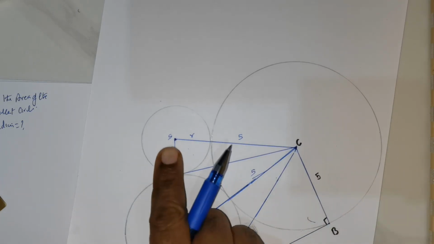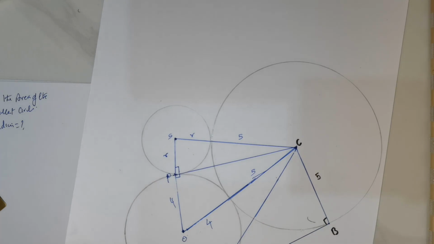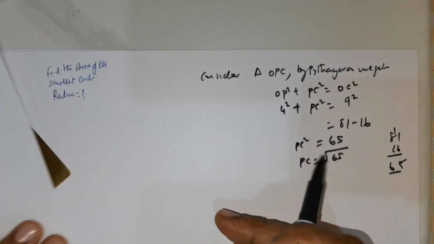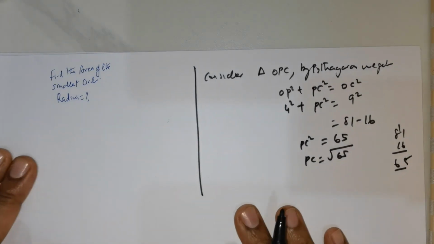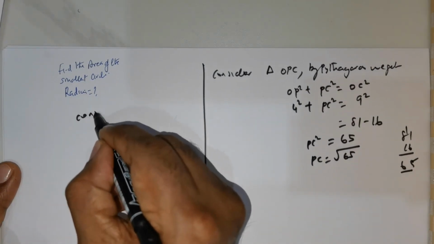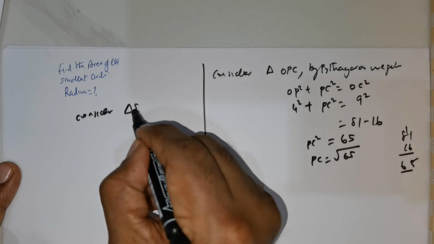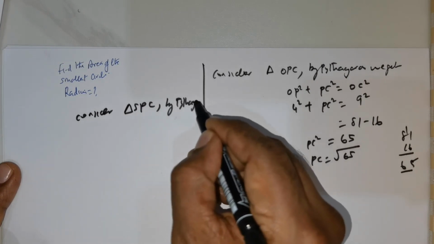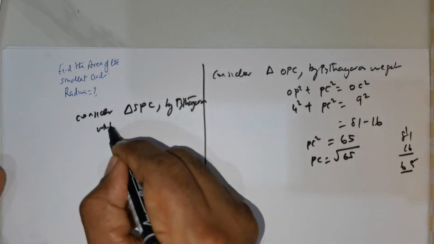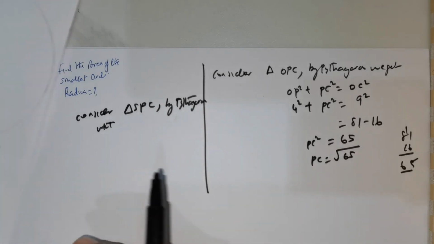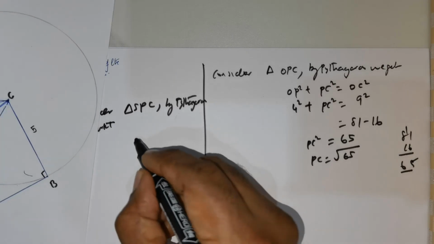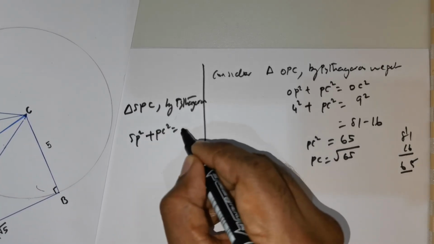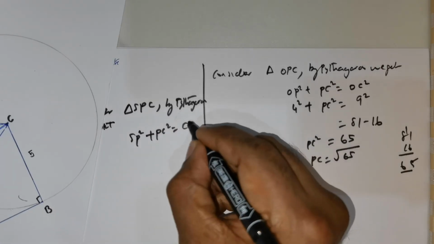Since SPC is a right triangle, I can apply Pythagoras. Let me write that down here. Consider triangle SPC. By Pythagoras, SP squared plus PC squared is equal to CS squared.